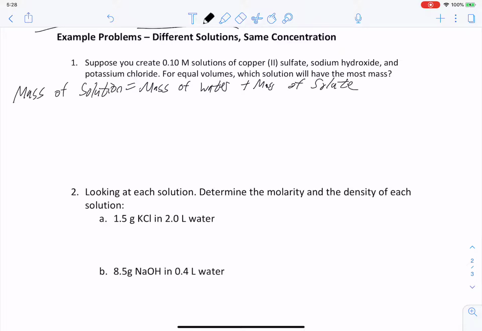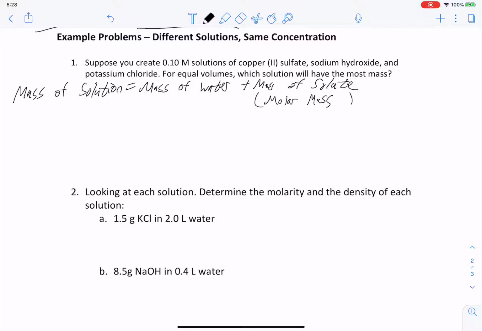We're just taking everything and adding it all together. The mass of the solute depends on the molar mass, so we need to find the molar mass of these substances. Then to determine the mass corresponding to 0.1 moles of each solute, we multiply the number of moles by the molar mass of each compound.